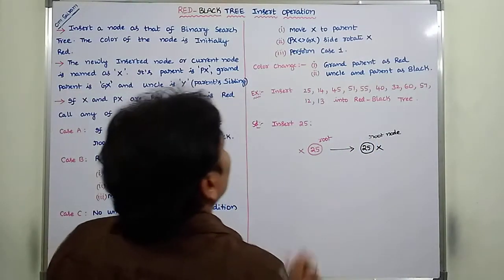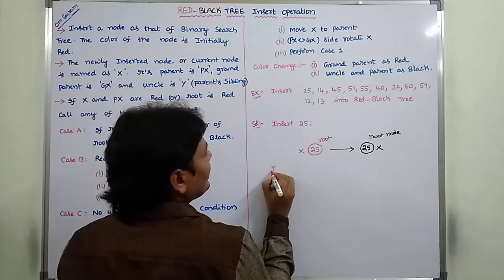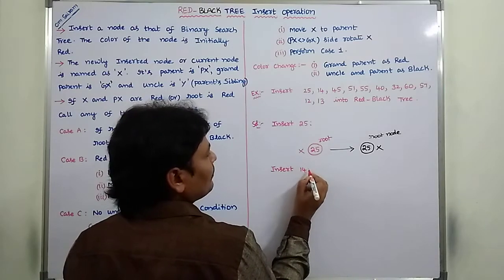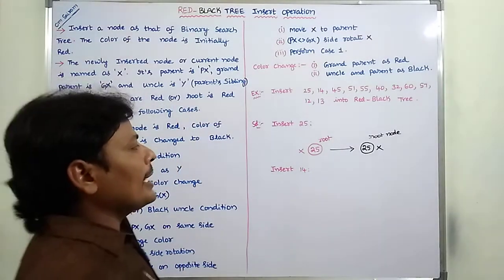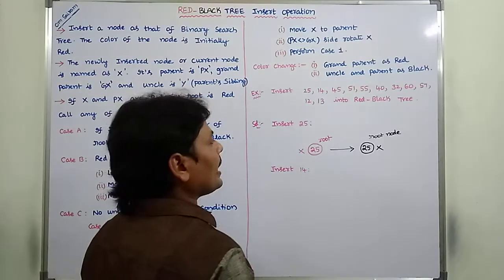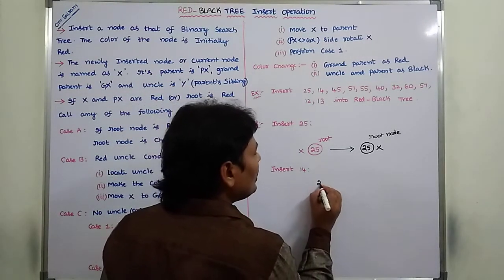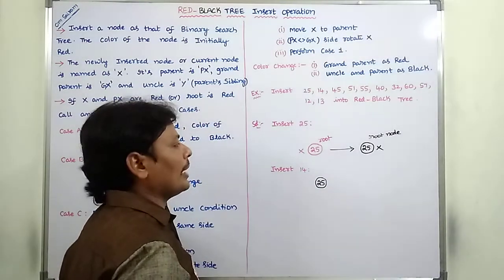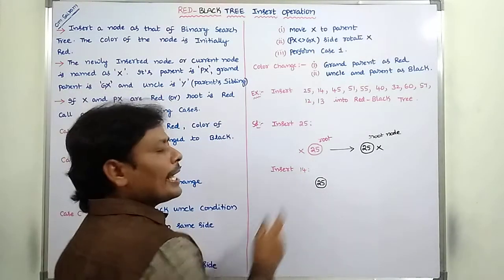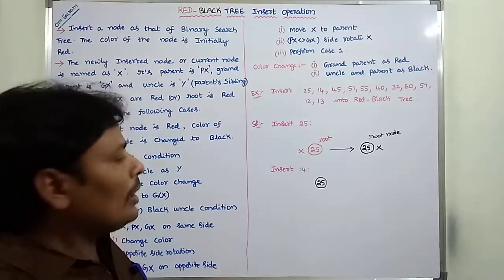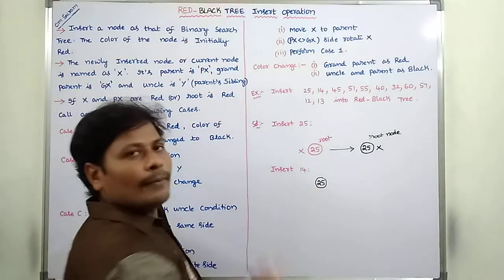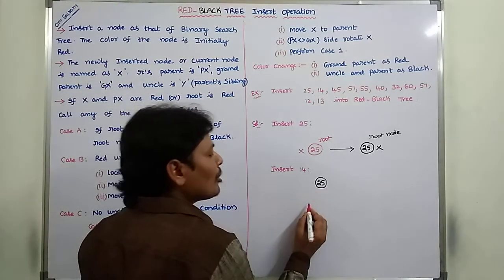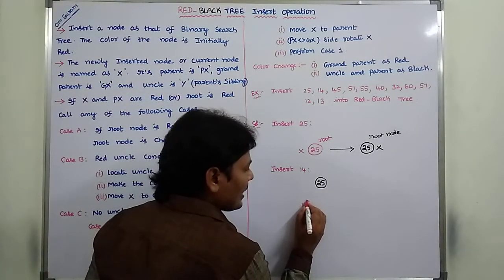Next is insert 14. Before inserting 14, the red black tree contains only one node, that is 25, which is the root node. Now 14 is compared with the root node. It is less than the root node 25, so it is put on the left-hand side.